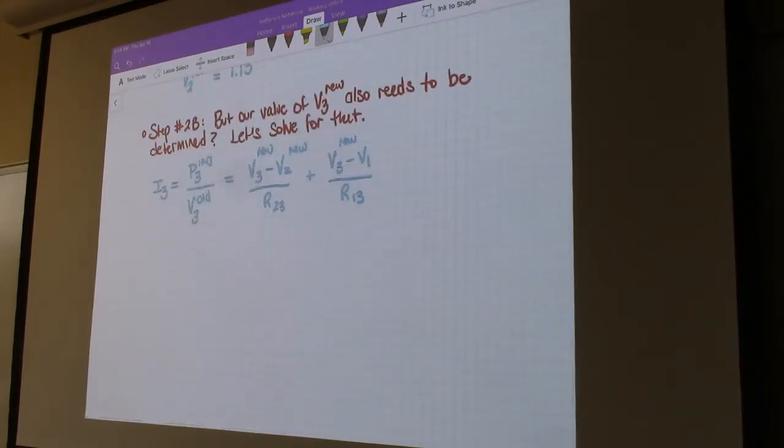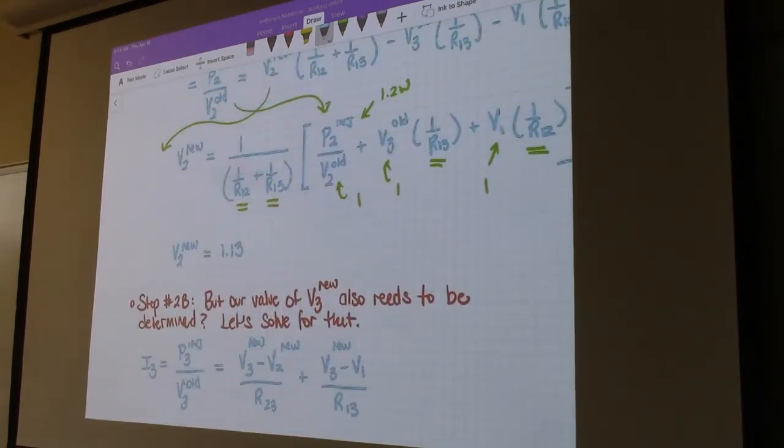Okay. And so the form of the equation ends up being exactly the same as this right here.